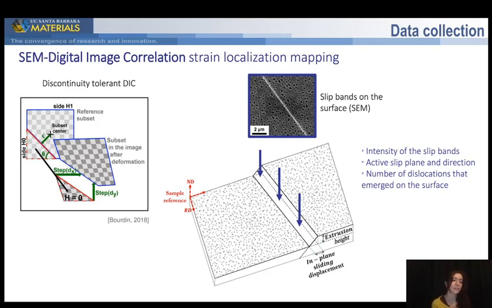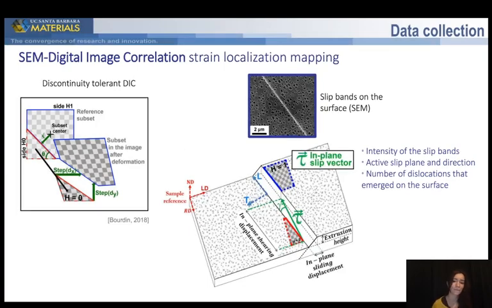And this is accessible if DIC data is coupled to the local crystallographic orientation, so that we can correlate the inclination of this plane to an actual crystallographic plane. And once all these are known, we can even back up the number of dislocations that emerged onto the sample surface. All these quantities are measured in each point of our DIC maps, which can actually be pretty big.